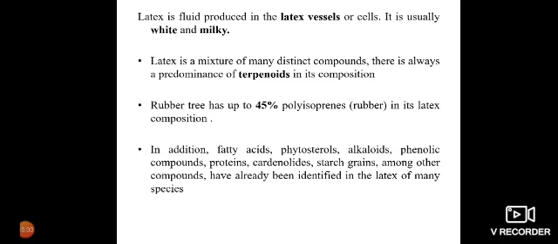If you take the example of the rubber tree, Hevea, it has up to 45% polyisoprenoids in its latex composition. In addition, it contains fatty acids, phytosterols, alkaloids, phenolic compounds, proteins and starch grains, which may be identified in the latex of many species.